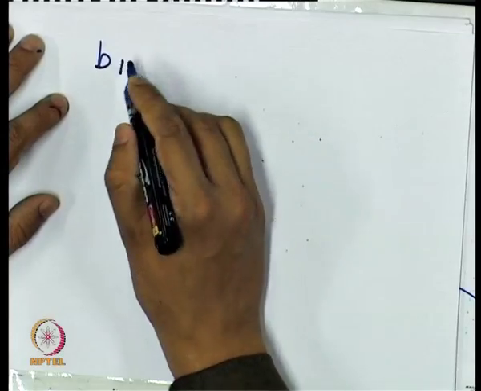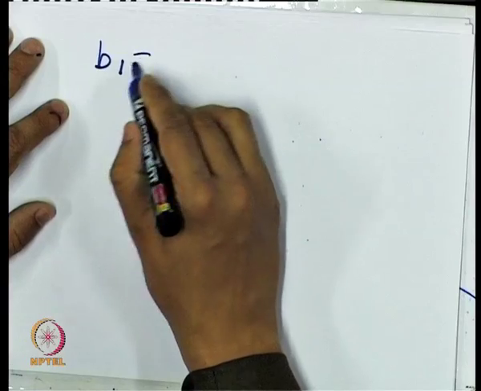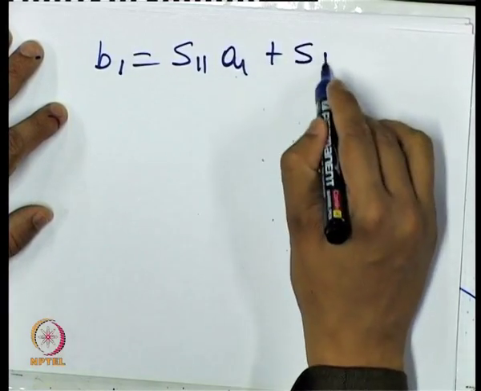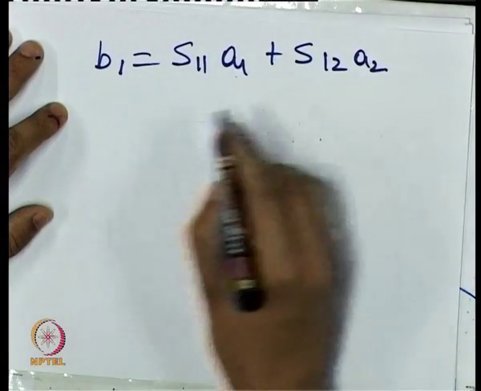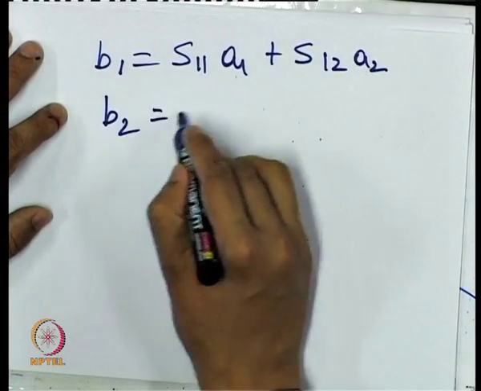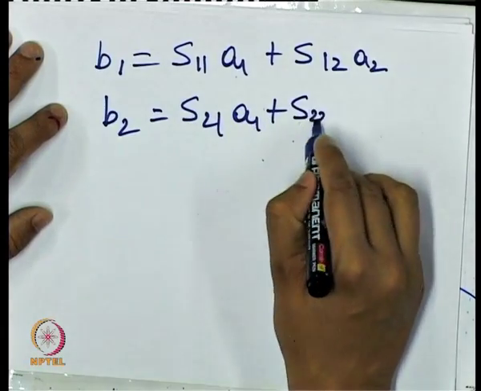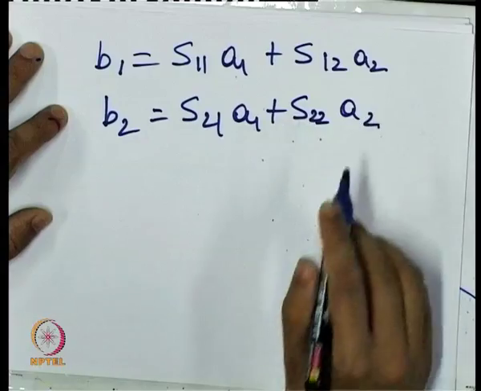So, for a two-port network, we can write the B's and A's as B1 is equal to S11 A1 plus S12 A2, and B2 is equal to S21 A1 plus S22 A2.